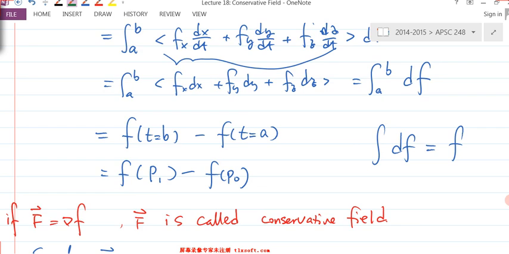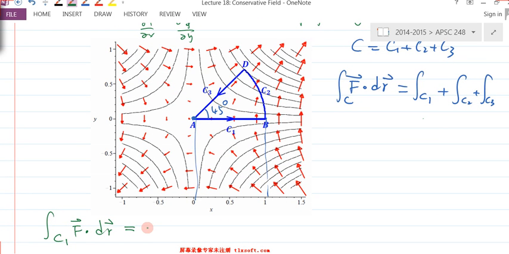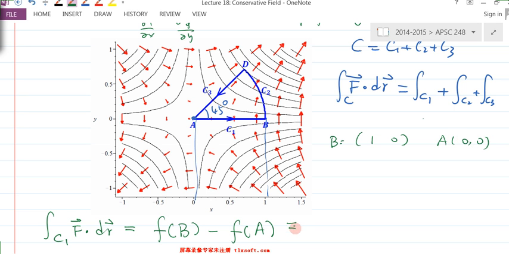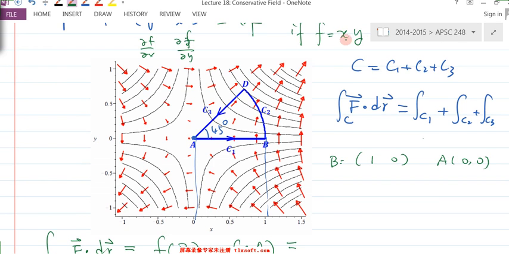So for this one, it should be f of B minus f of A. The coordinates for B are 1, 0, and A is 0, 0, and f is equal to xy.